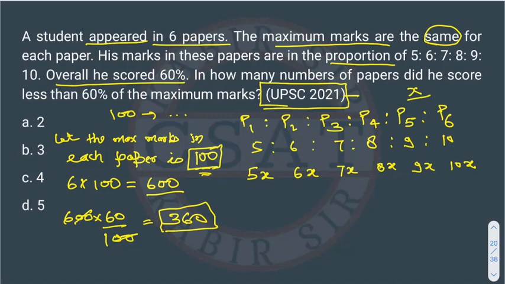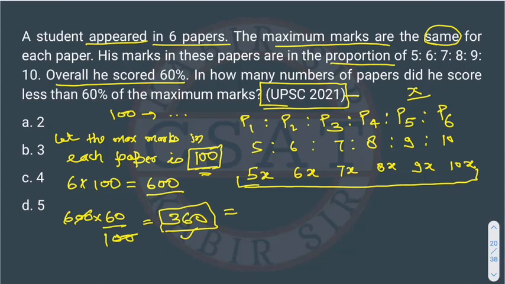And we know how many marks he scored in each paper. If we add the marks of all his papers, it will be equal to 360, because we know that he got 60% marks. So we calculated it, that is 360.